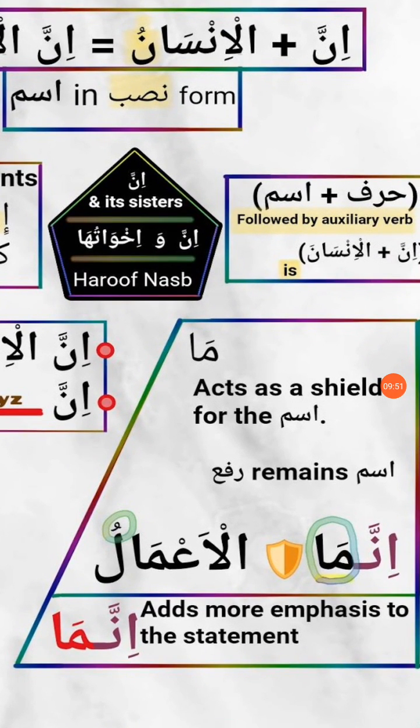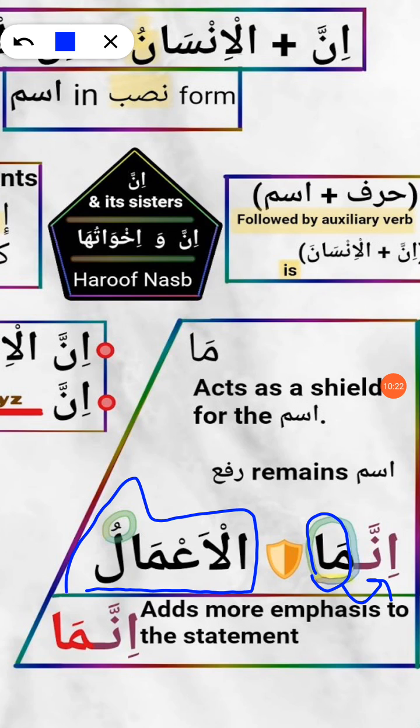And then the final point: this is called ma. This is a harf that acts as a shield for the ism. What do I mean by that? I said that it's innal insana. We all know that by now. But if I add this ma to the harf, whether it be inna, anna, kanna, whatever, then the mansoob ism reverts to its rafa form.